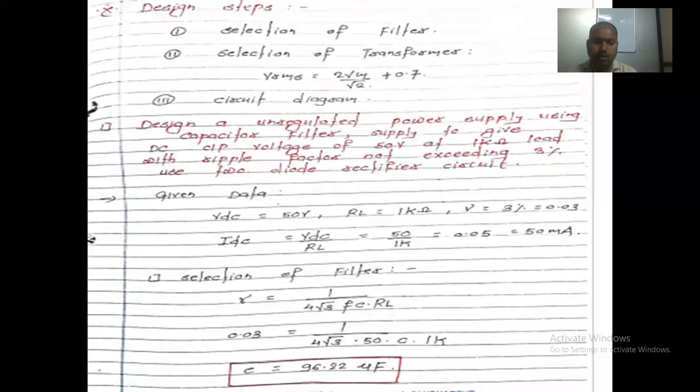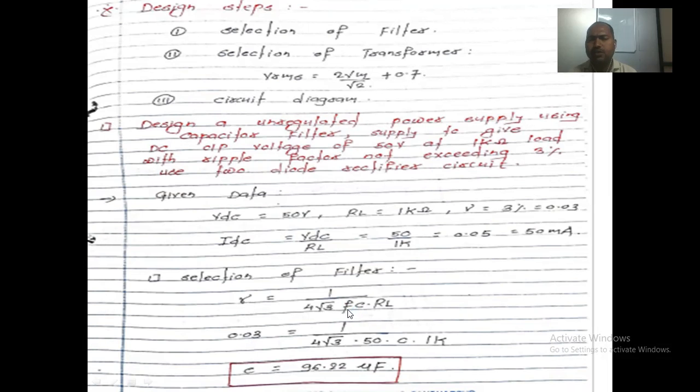So we have to calculate with this formula. Accordingly, we have to know the value of the ripple factor. They have already told us that the required ripple factor is 3%. 3% indicates 0.03, so wherever r appears we write 0.03. 1 divided by 4 root 3 as it is.